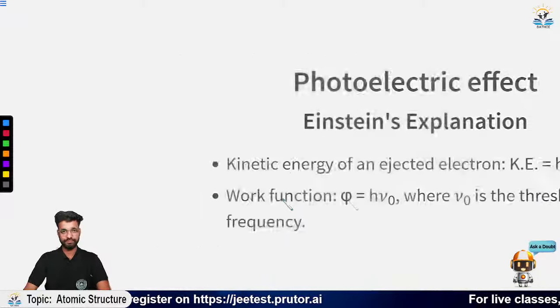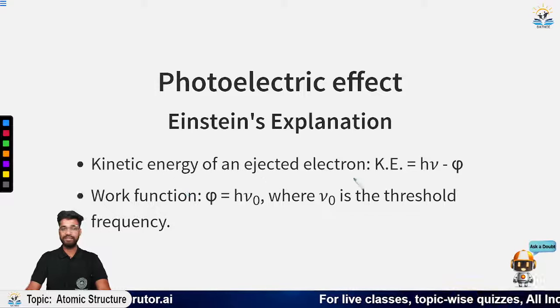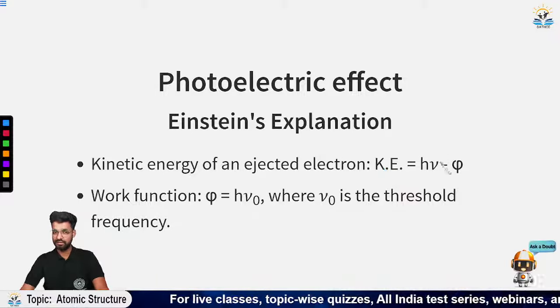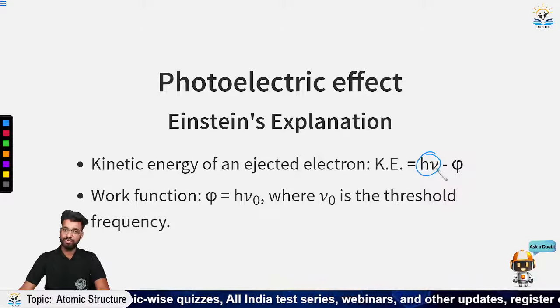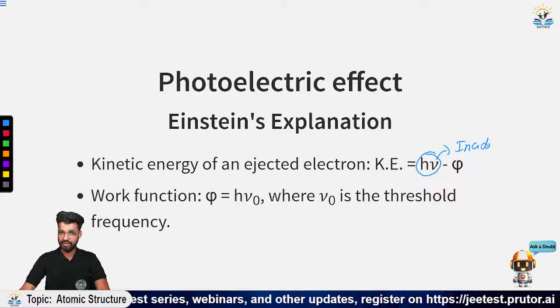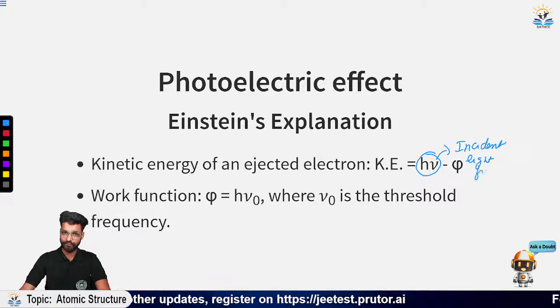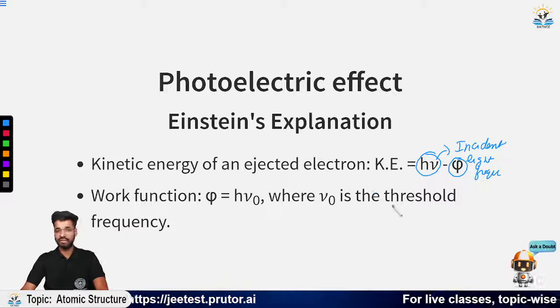Next point. If you want to calculate the kinetic energy of the emitted electron, it is simple: it is h nu, the incident light frequency term, minus the work function. What is the work function?